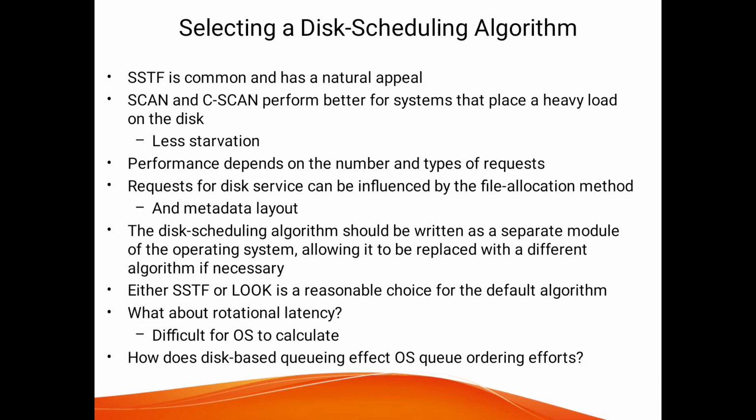SCAN and C-SCAN perform better for systems that place a heavy load on the disk, but the performance depends on the number and types of requests. The requests for disk service can be influenced by the file allocation method. The disk scheduling algorithm should be written as a separate module of the operating system, allowing it to be replaced with a different algorithm if necessary.